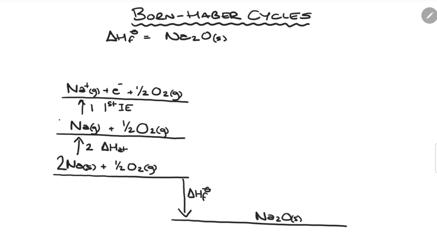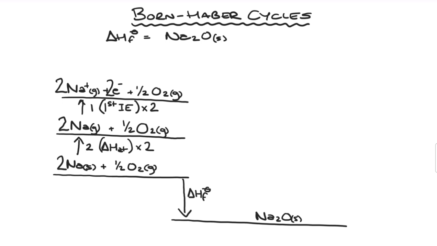Because we've got two sodiums, we would have done the first ionization energy twice. Numerically, when we do a calculation, we would take that first ionization energy and multiply by 2. Likewise, we're going to take this atomization energy and multiply it by 2 in terms of its energetic values.